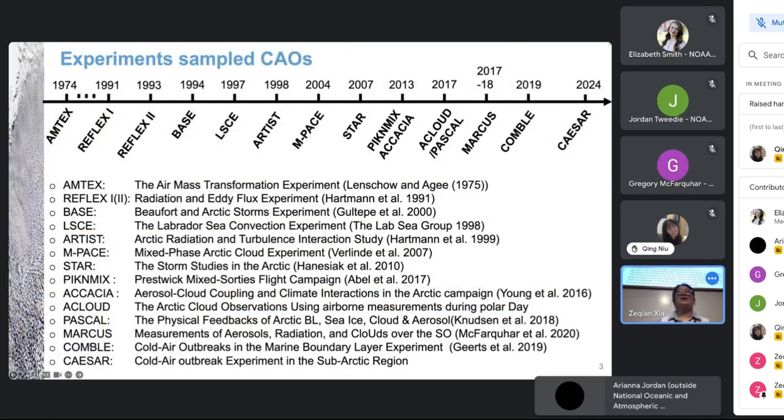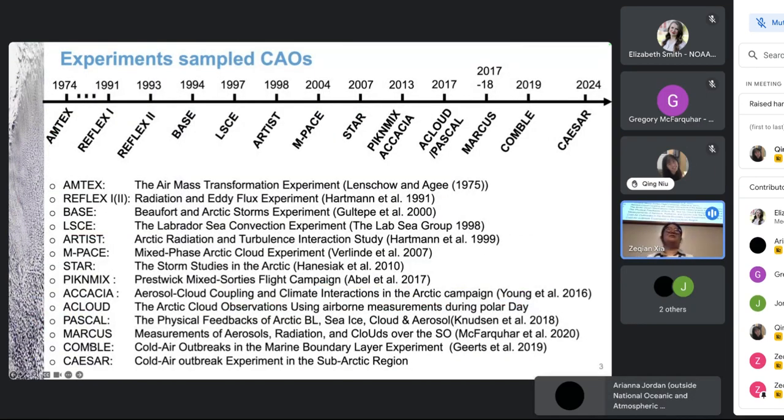Thank you so much. CAESAR is quite different from COMBLE. Greg mentioned that we have the aircraft flights. The first advantage is that we have more in-situ measurements, so we can see what is actually going on inside the clouds. Another is that, compared to COMBLE, where the site is fixed, CAESAR can track the cold outbreaks.